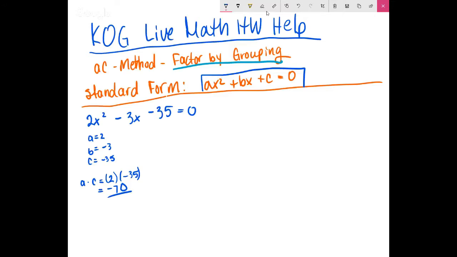Factors of -70. Remember, this is a negative number, so we have to find the negative and the positive. We got 1 times -70, and then we got -1 times +70. 2 times -35, and then -2 times +35.